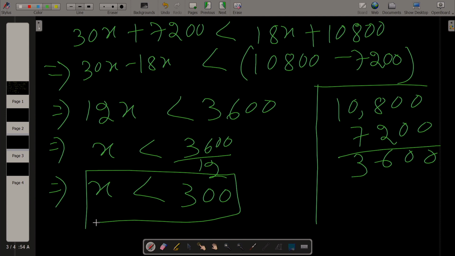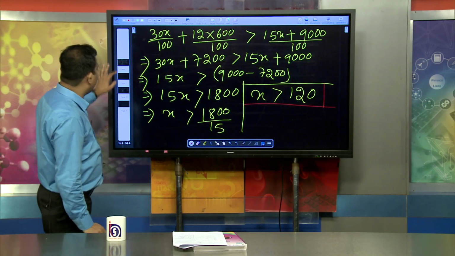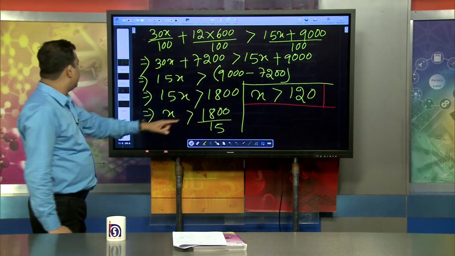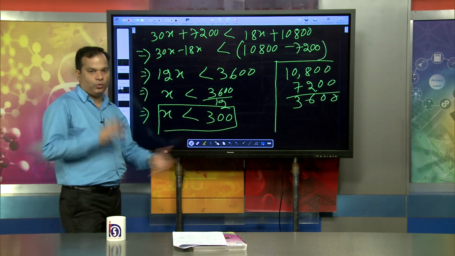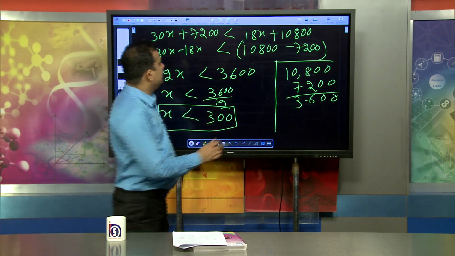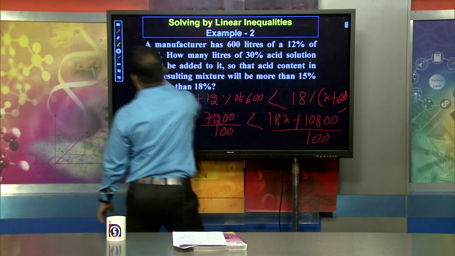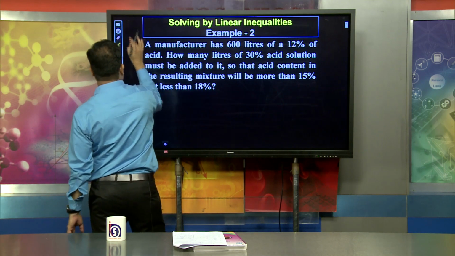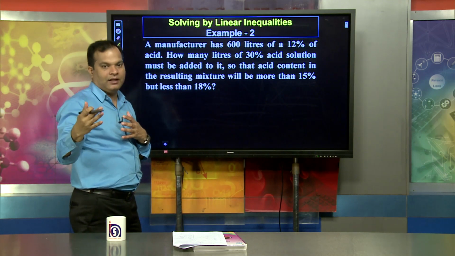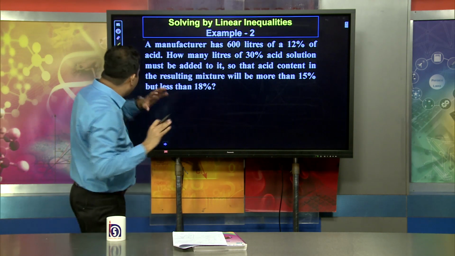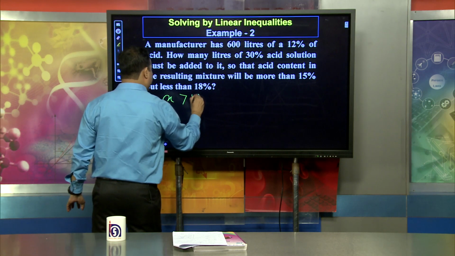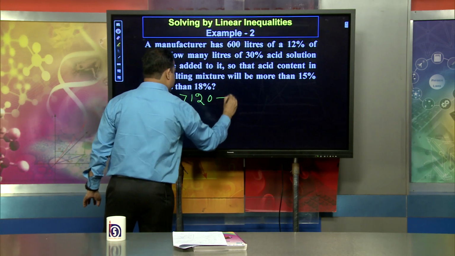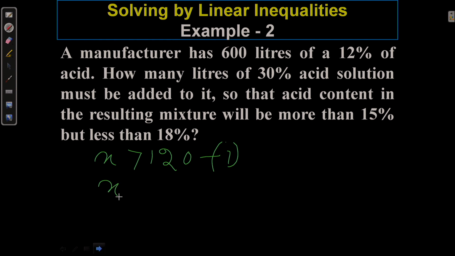Dear learners, what did we find? In the first case we found x greater than 120, and in the second case x less than or equal to 300. No doubt the question is to some extent bigger, but the solution is very small.